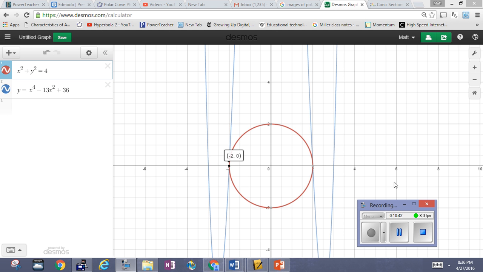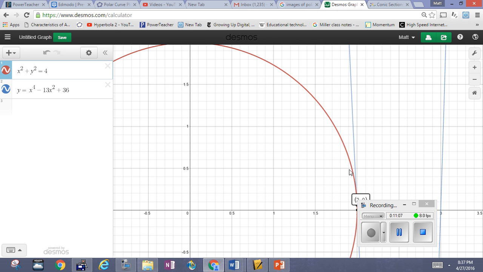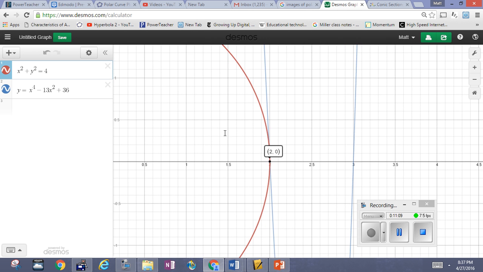I know it's getting too long, but of course here are my two functions graphed, and we obviously see we have these points at 2 and negative 2 on the x-axis as points of intersection. But I'm wondering if we can find this other point. Now, obviously, we're going to have to zoom in, pretty tightly.